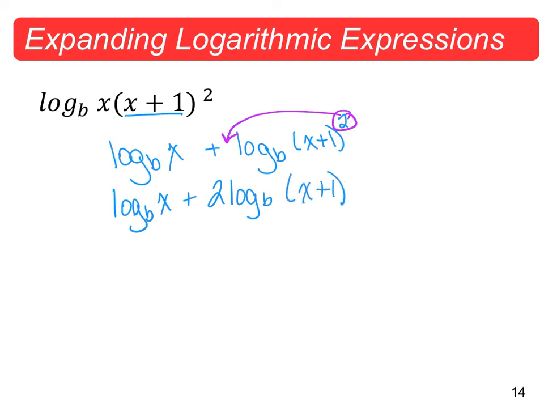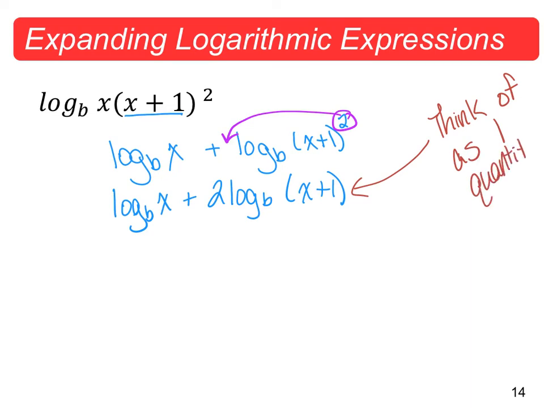And that x plus 1 must stay together. Think of this as an individual quantity. Don't try to separate it. Do not separate. Those binomials stay together. And that is as far as you can go right there.